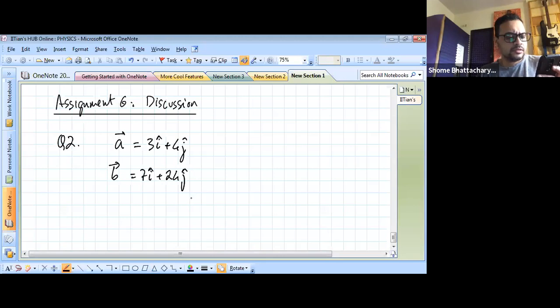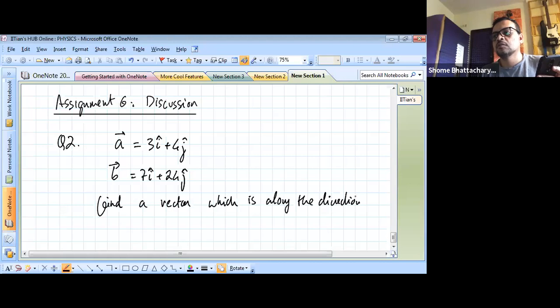Now we have to find a vector which is along the direction of the vector A and has the same magnitude as B.